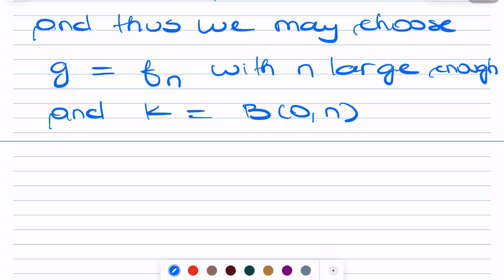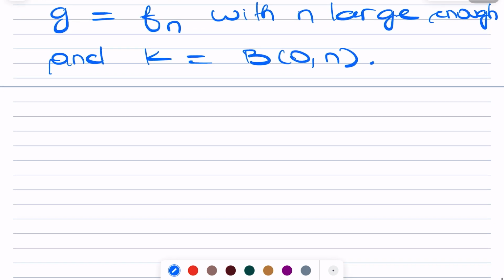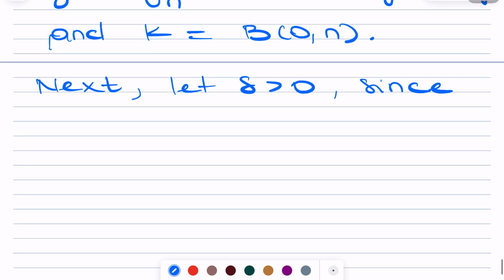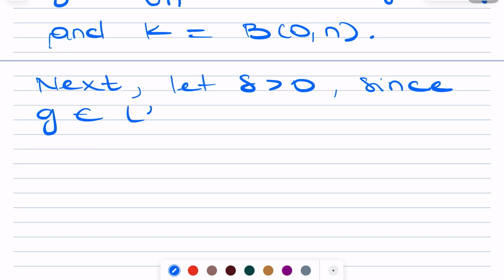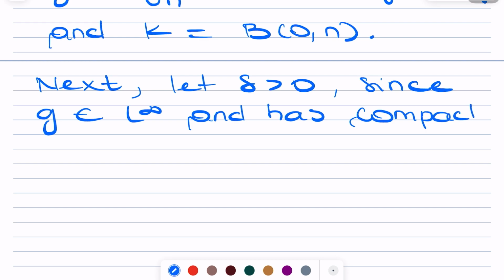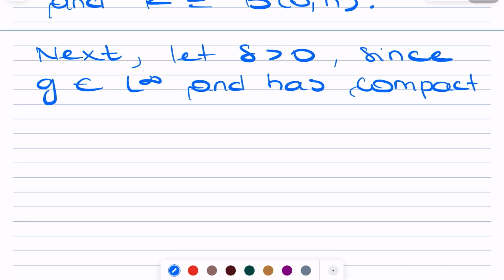Okay, so good. Next, let delta be positive. Since g is actually in L infinity and has compact support, g is actually in L1 of Rn.